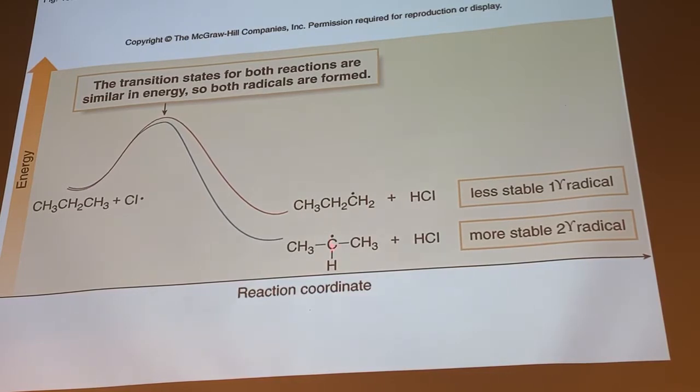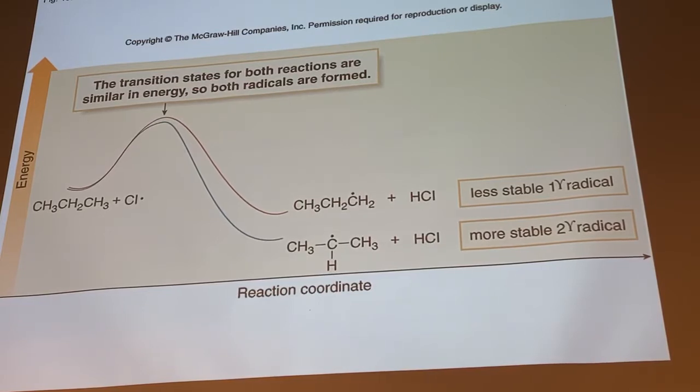Since the more substituted radical is more stable, the transition state leading to the secondary radical is going to be slightly lower in energy than the transition state leading to the primary radical. So this difference in energy causes the secondary radical to be formed faster, but not that much faster.